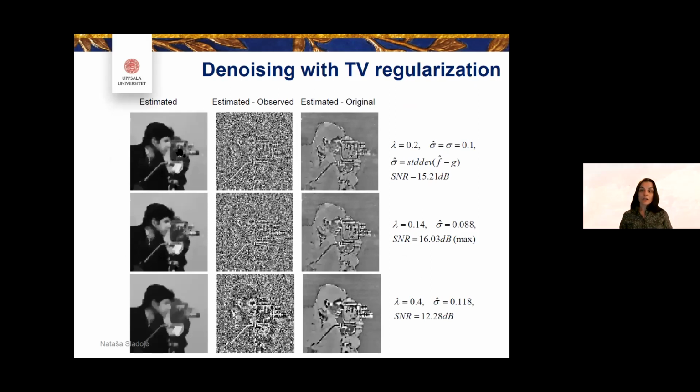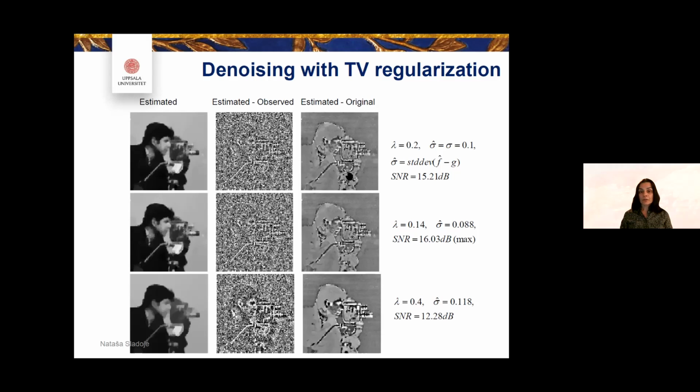So this is my recovered image, my estimated image. This is what I get as a result of my TV restoration by energy minimization. This image here is computed by taking the difference between estimated and observed, the noisy one that we had on the previous slide. So this essentially shows the noise that we removed.